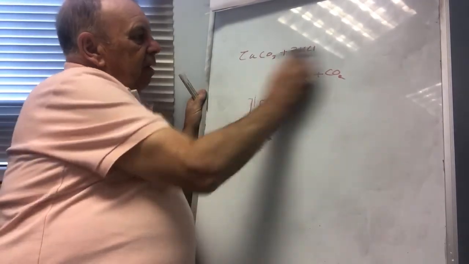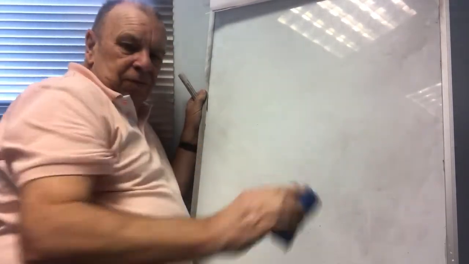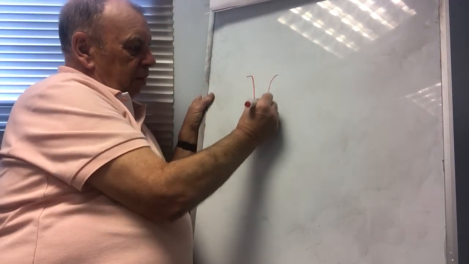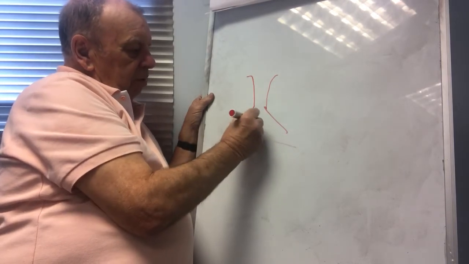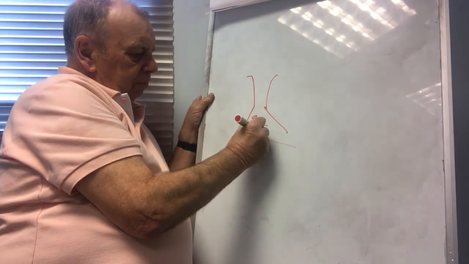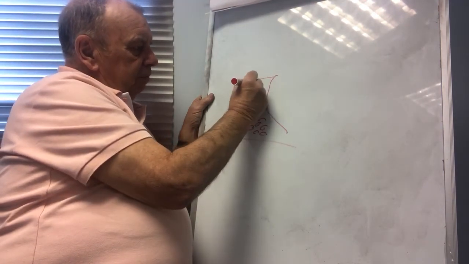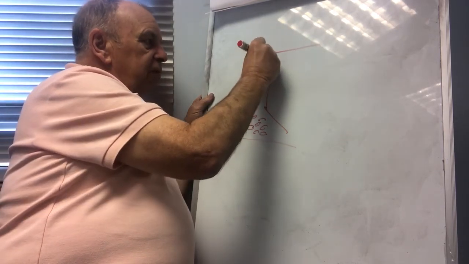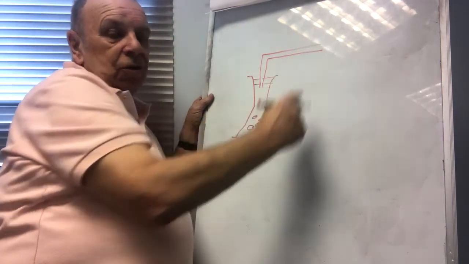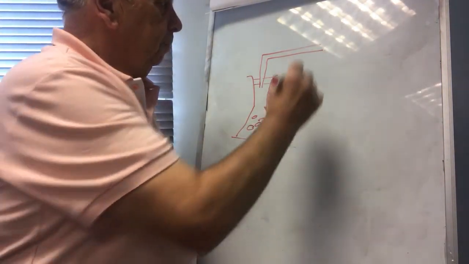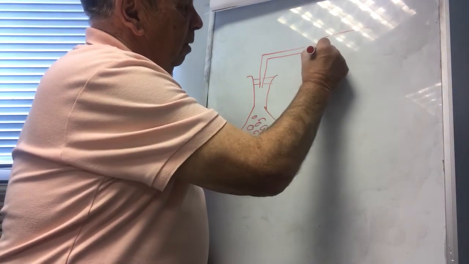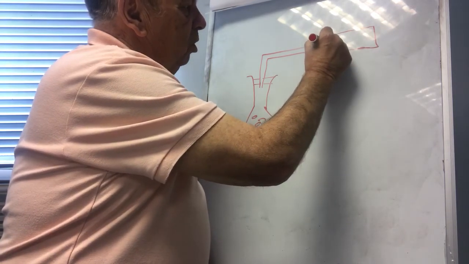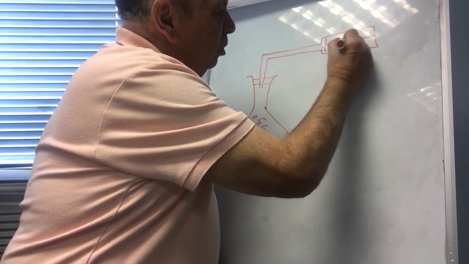And if I took the same reaction again, there's my flask, there's my marble chips, but this time I'm going to add that acid, and I've got a tube coming off, and that is connected to a syringe. And there is my plunger on the syringe.